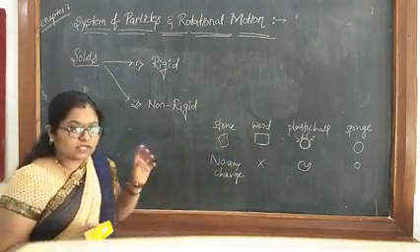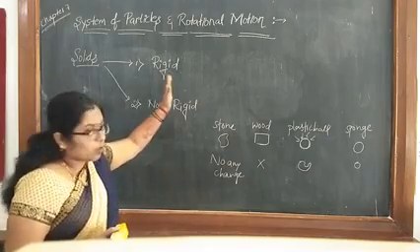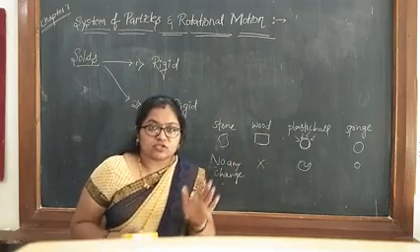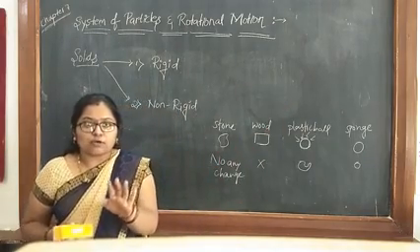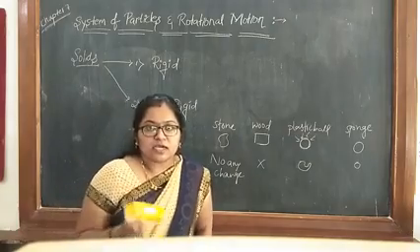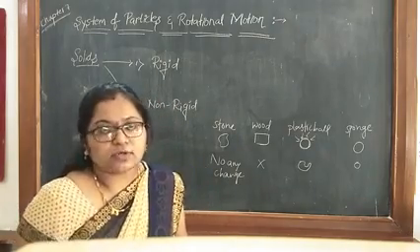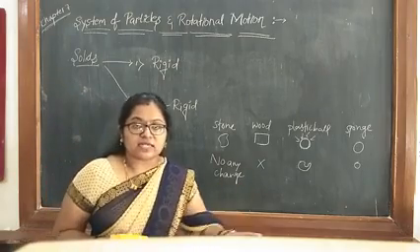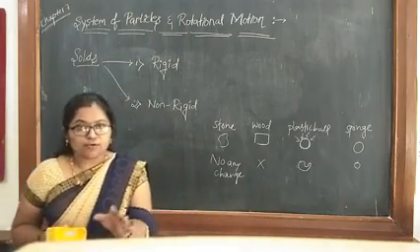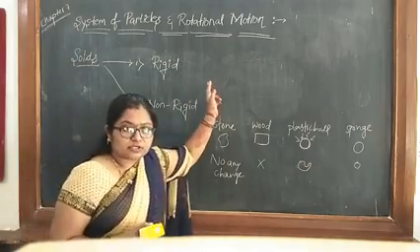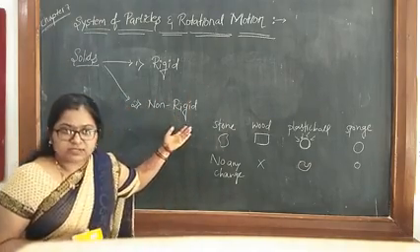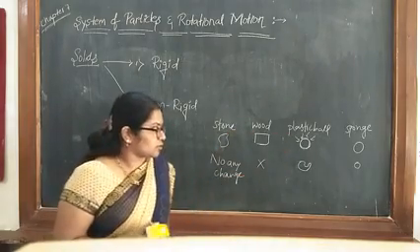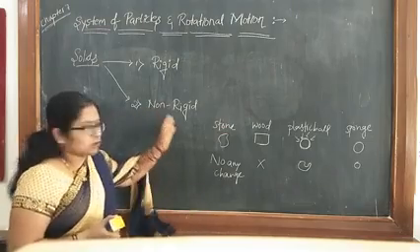Hence, we can frame the definition of rigid bodies as: the bodies which will not show any change in size and shape after the application of forces are called rigid bodies. And in reverse, the bodies which are showing the change in size and shape after the application of forces are called non-rigid.